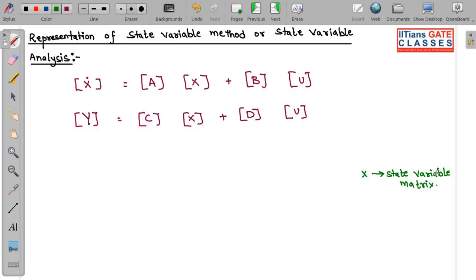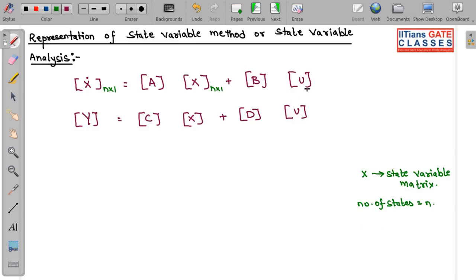Let us denote the number of states in the system with n. So the matrix X has order n cross 1, and X dot, which describes the differential of the state variables, also has order n cross 1.